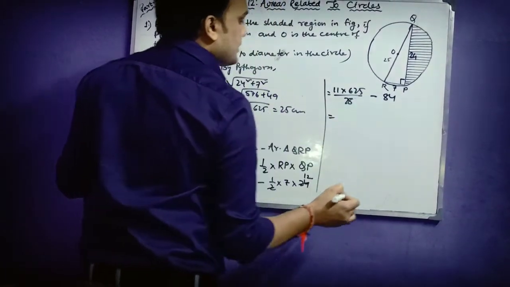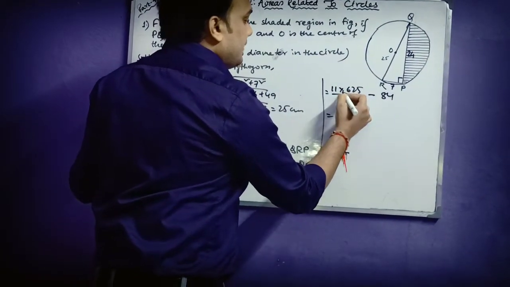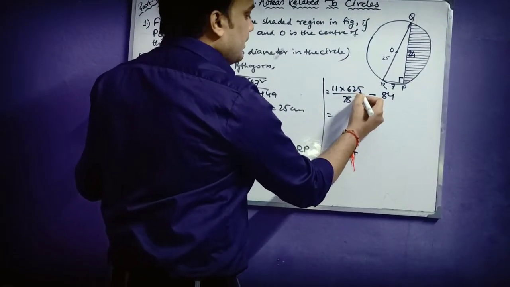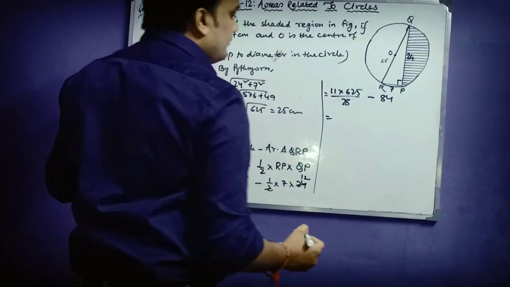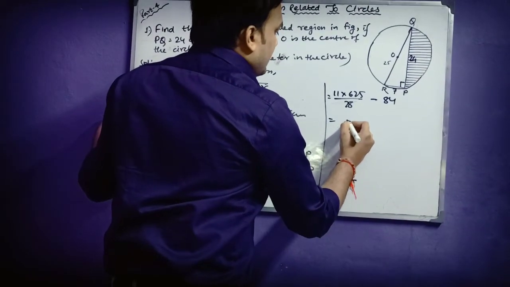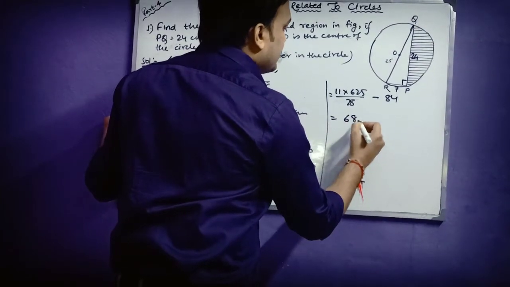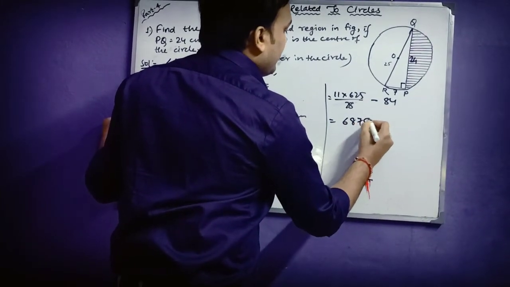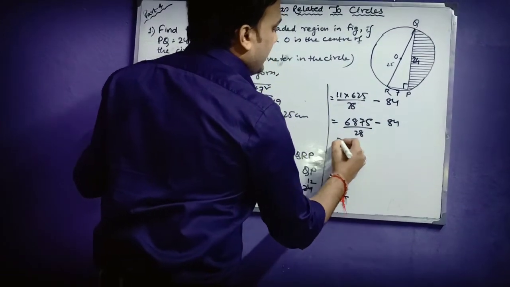So let us multiply this: 625 into 11, it will be 6250 plus 625, that is 6875, minus 84, divided by 28.